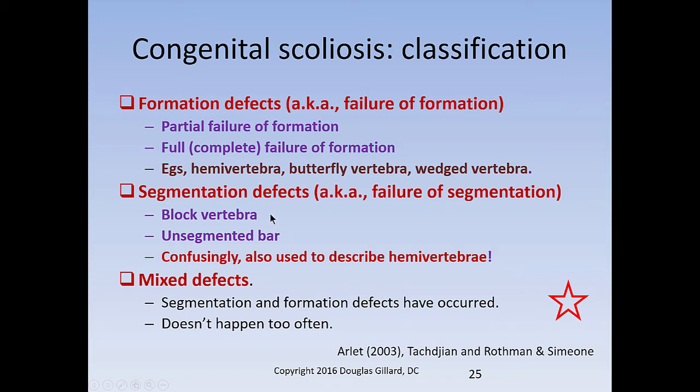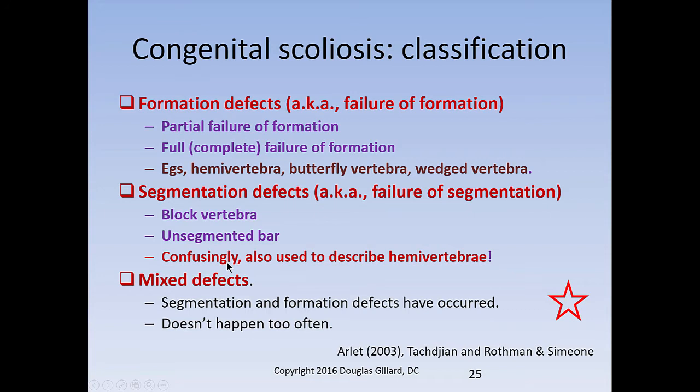For a blocked vertebra, you don't really say it's a bilateral unsegmented bar because it's much more than that, but that's really what it is. If it's an unsegmented bar, there's just a bar like we saw already on one side. A block means it's just a block. The motion segment is fused together into one.